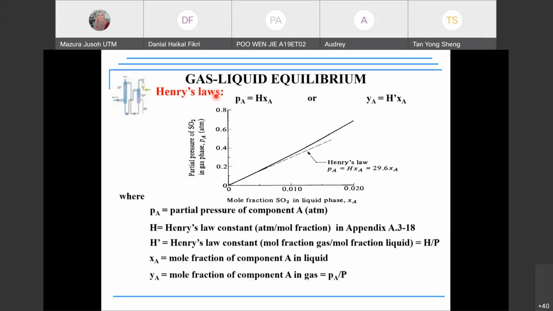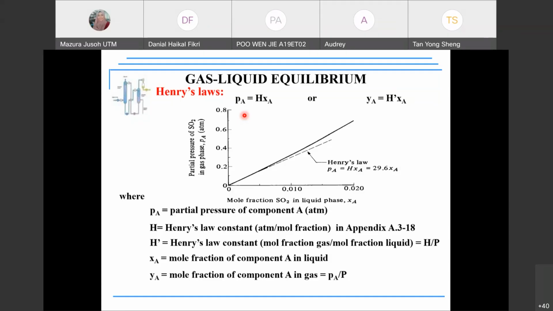In Henry's law, this is the equation: PA equals H XA, or YA equals H prime XA. PA is the partial pressure of component A. So if you have a mixture of two gases, A and B, you will have the partial pressure of A as well as the partial pressure of B.